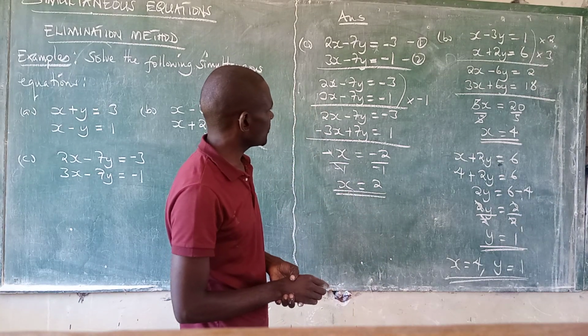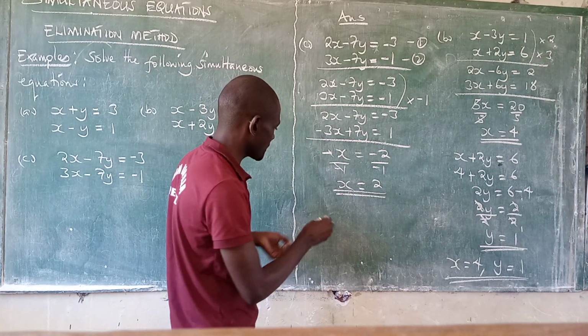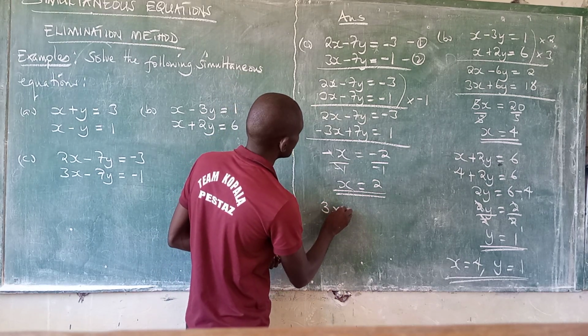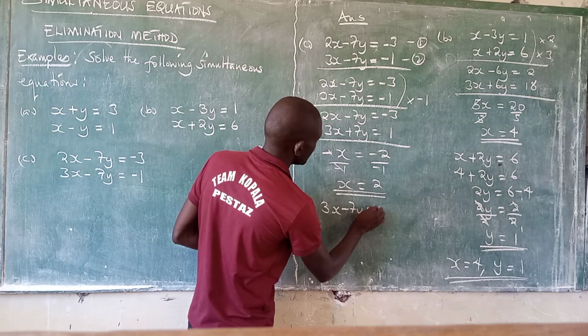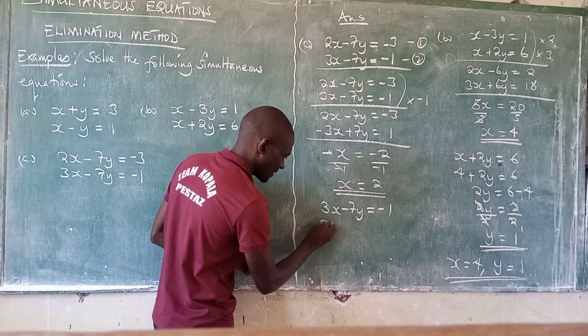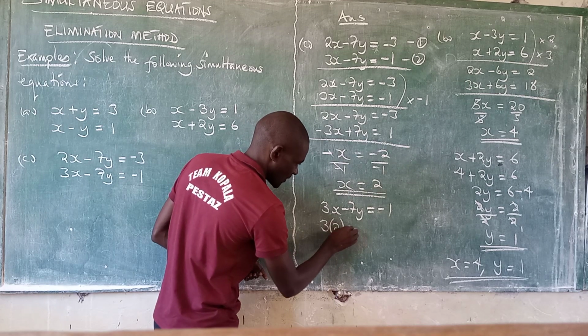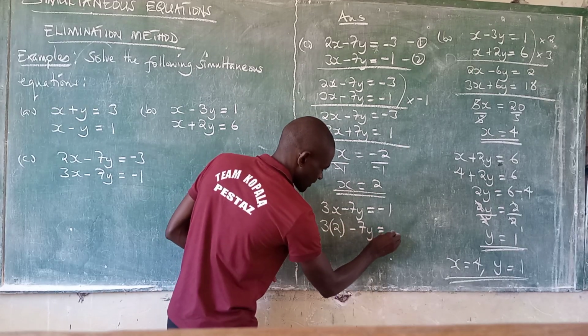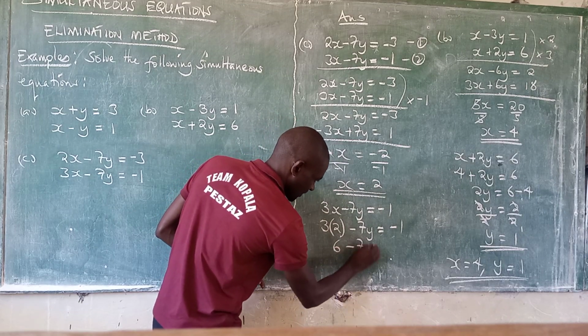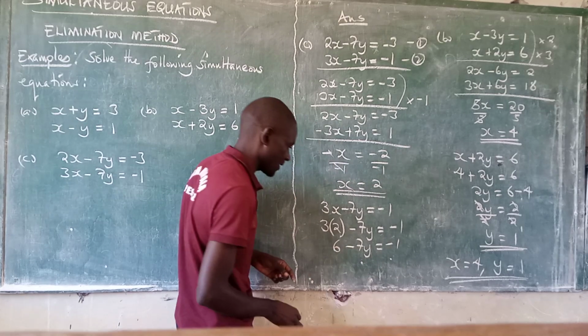Then we can also find y. Let me use equation 2. And equation 2 is 3x minus 7y is equal to negative 1. So where x is 2, you'll say 3 times 2 minus 7y is equal to negative 1. That gives us 6 minus 7y equals negative 1.